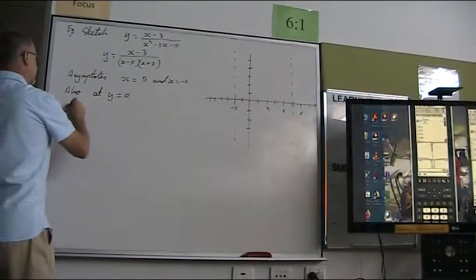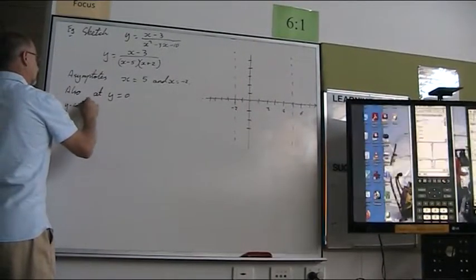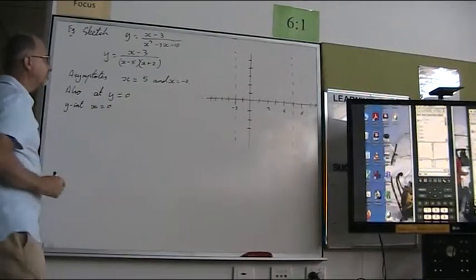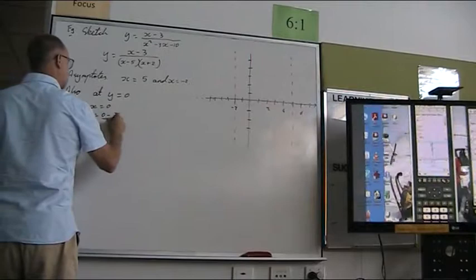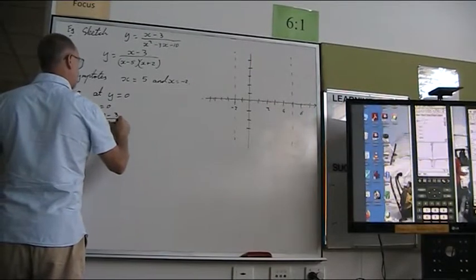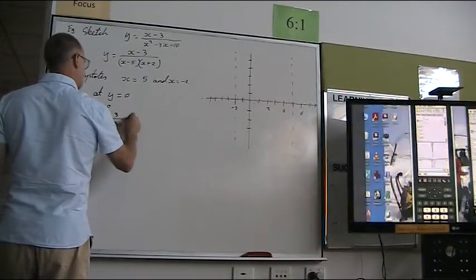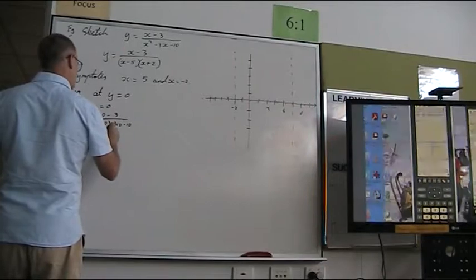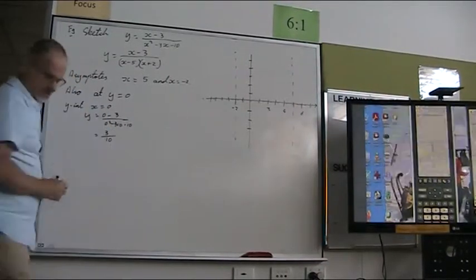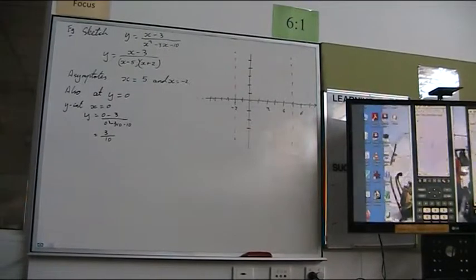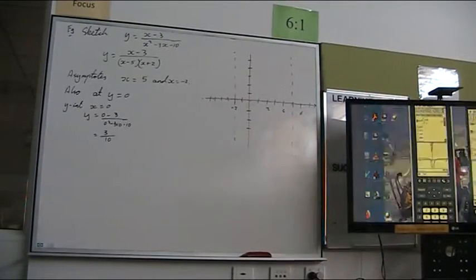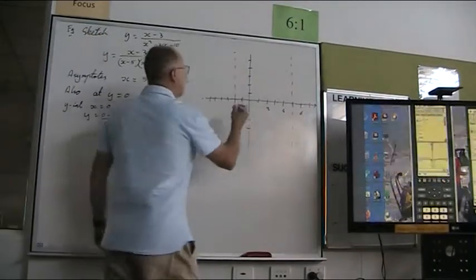All right. Now this is where the interesting bit comes. Y-intercept, x equals 0. So whack that in. y equals 0 minus 3 over 0 squared minus 3 times 0 minus 10, which should be 3/10. Yes? So down here.